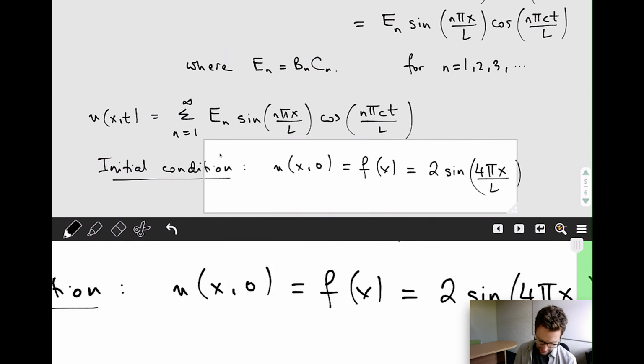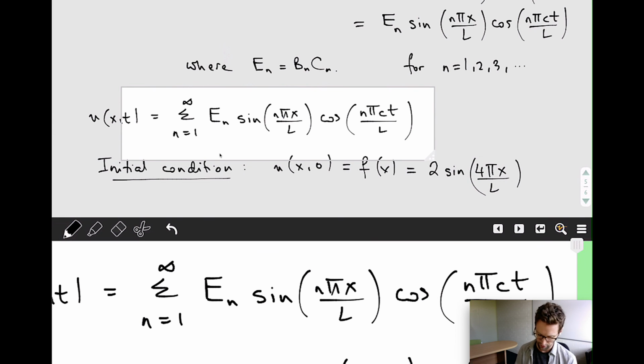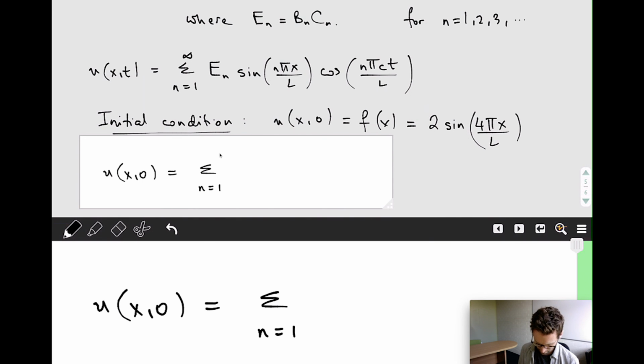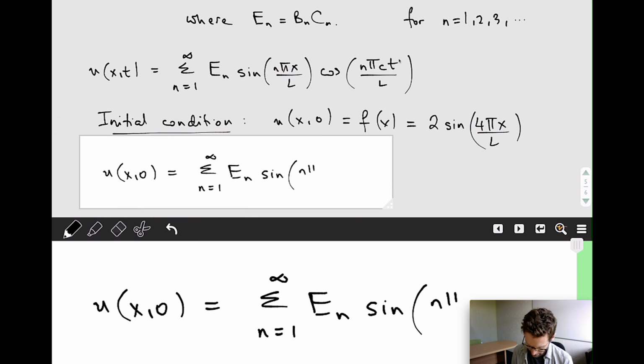So let's put t equal to 0 into my expression for u of x and t, and then match up coefficients. So t equal to 0 is going to give me cosine of 0, which is 1. So I get e_n sine(n pi x / L).